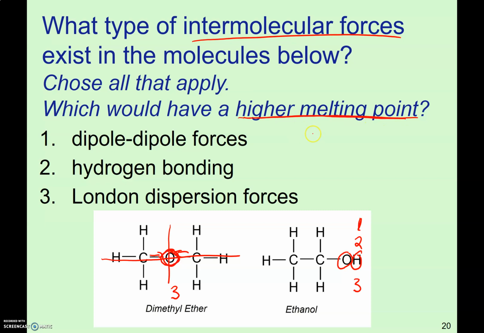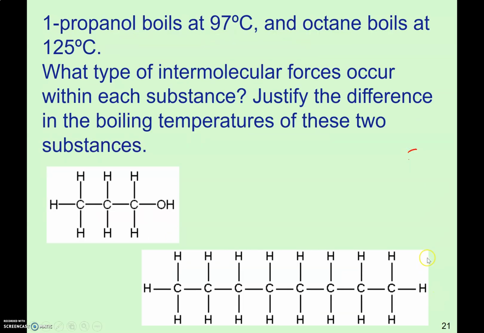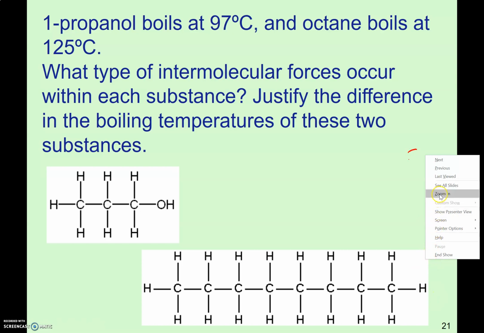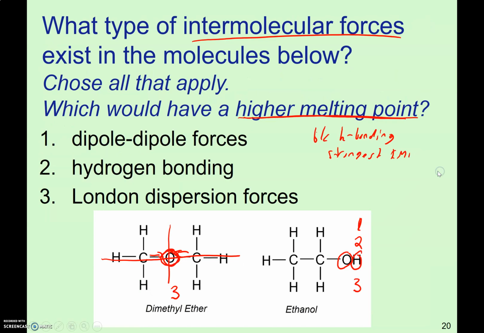So what I would write is, because it has H bonding, it has the strongest IMF, so then a higher melting point, and the reason why the melting point is higher is it's harder to pull the molecules apart.